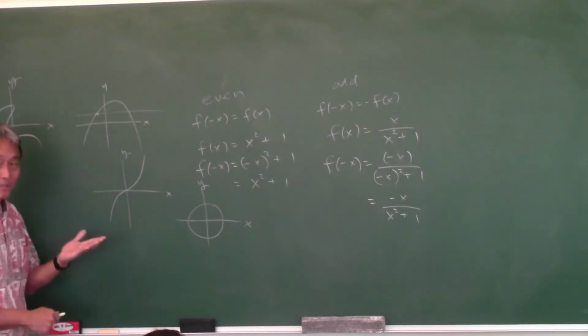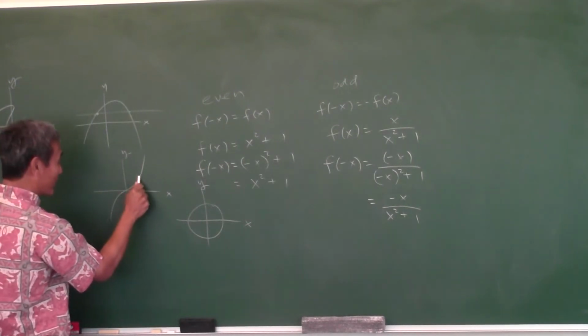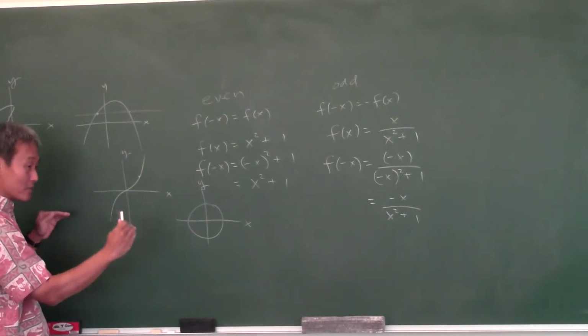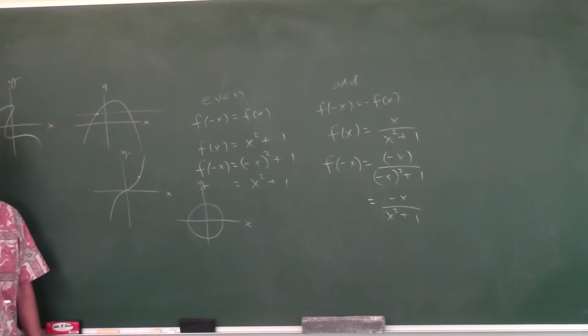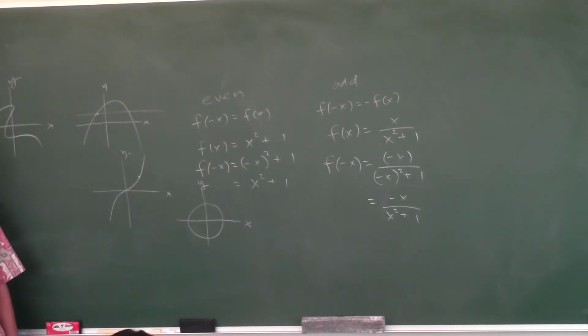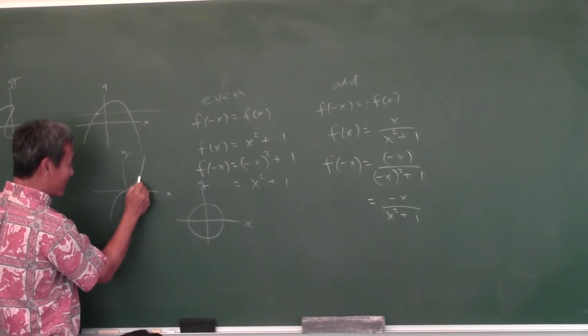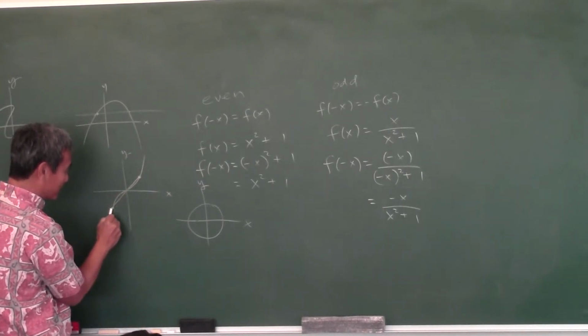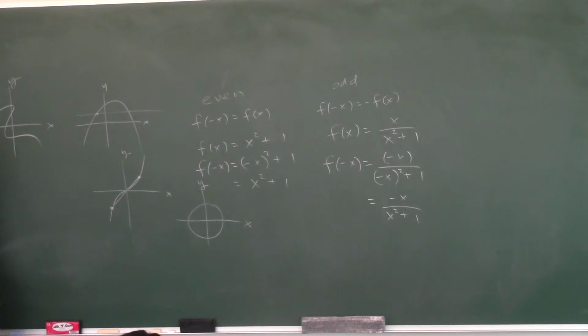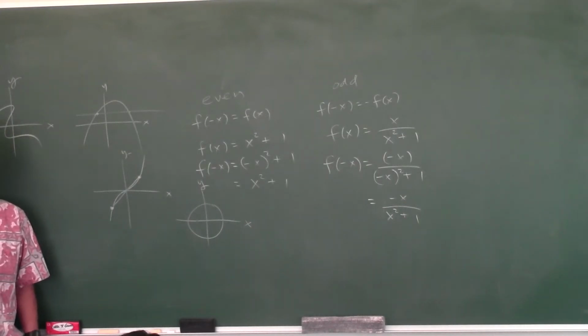You guys know what symmetric about the origin is? There's a difference between line symmetry and point symmetry. You guys learned this in geometry, right? Symmetric about a line, symmetric about a point. Symmetric about the origin means you have a point here, then you get the same point on the opposite side. Basically, 180-degree rotational symmetry.